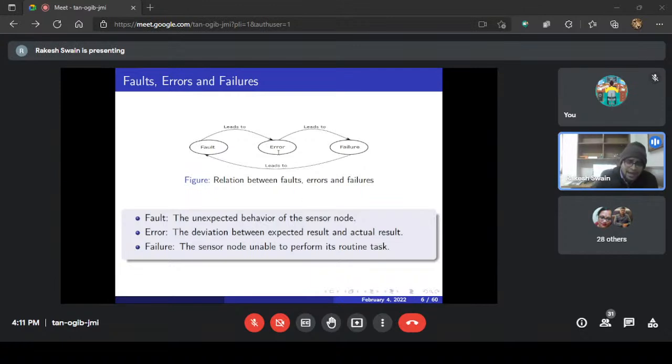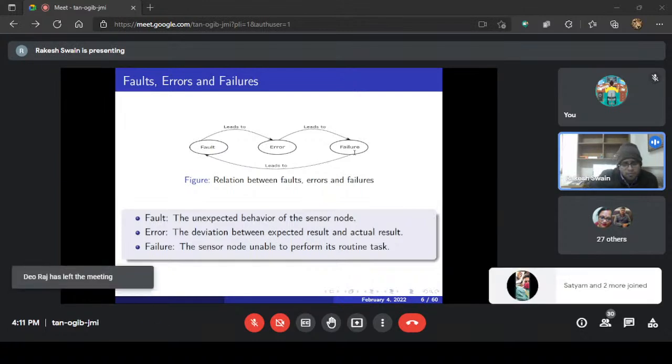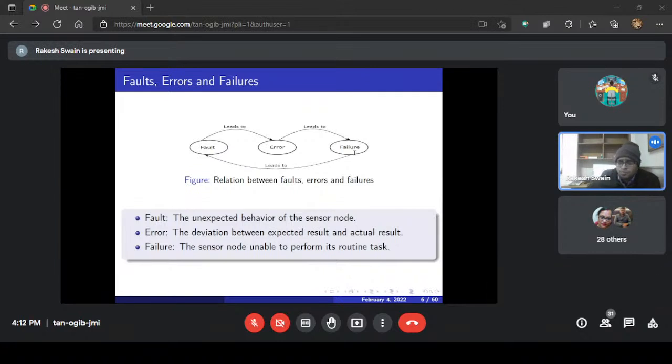After that, that error again leads to the failure of the sensor network. In a failure, the sensor network is unable to perform its regular operations or its routine tasks. Whatever the routine tasks are, it is unable to perform them. That leads to the failure.